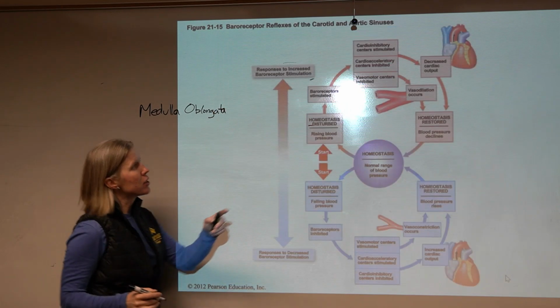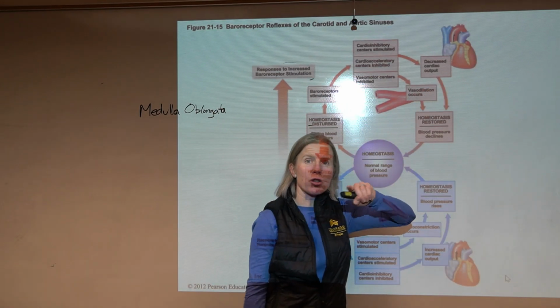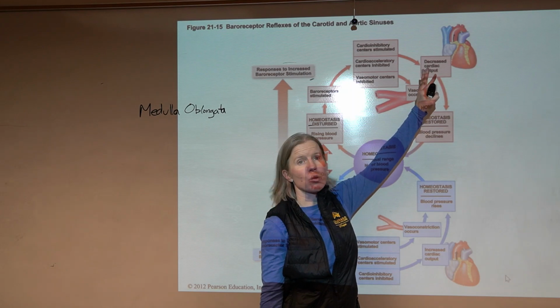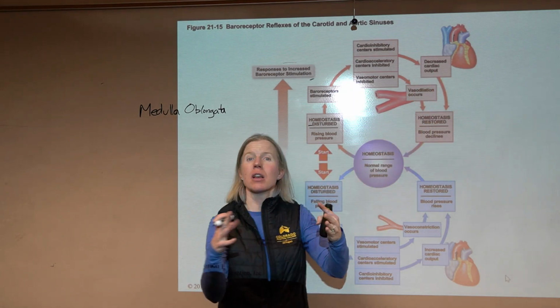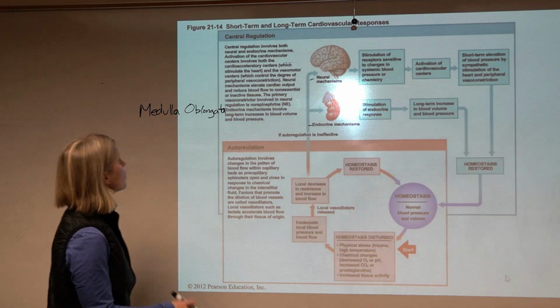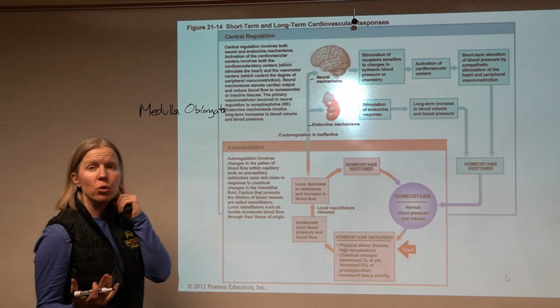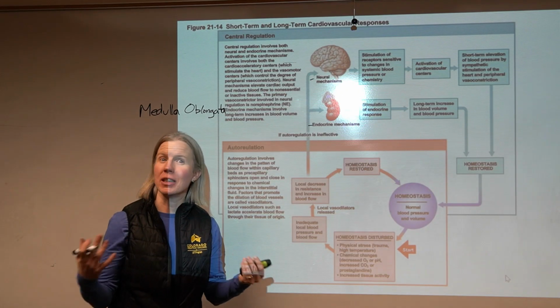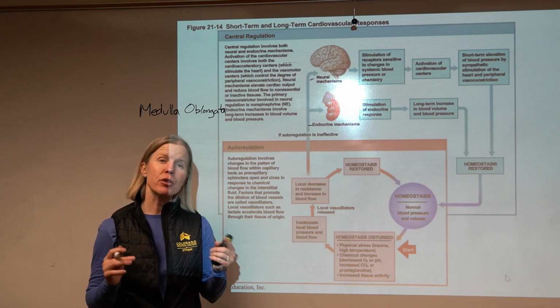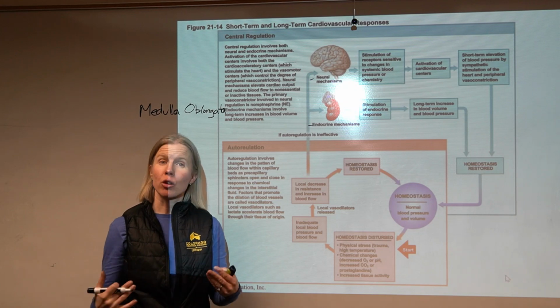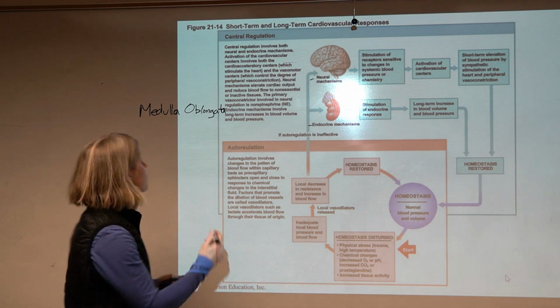And again, this portion of the brain can change things with the rate or the strength of contraction as well as vasoconstriction, vasodilation. Now, the way the medulla is getting information about what is out of whack with homeostasis are through baroreceptors and chemoreceptors that are located in some of our vessels.